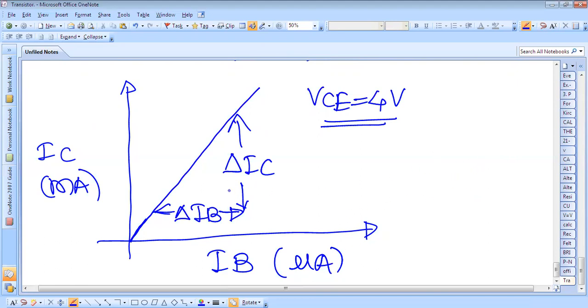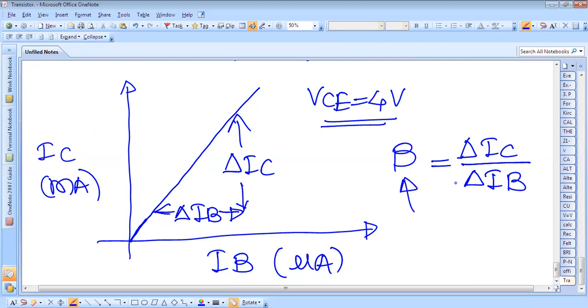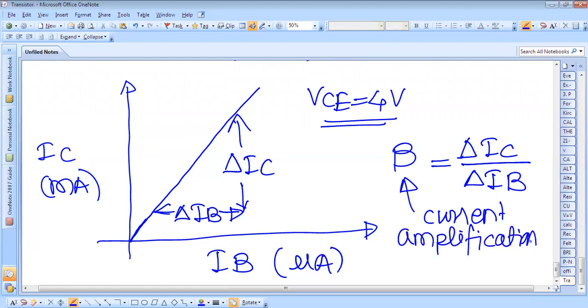We can now take the ratio of the change in collector current to the change in base current. This is called the current amplification factor, and this amplification factor is beta. So this is the current amplification factor for the common emitter circuit.